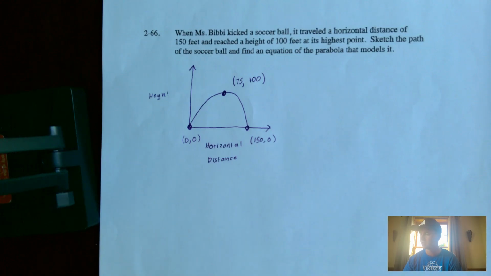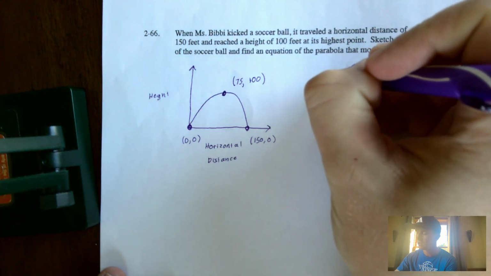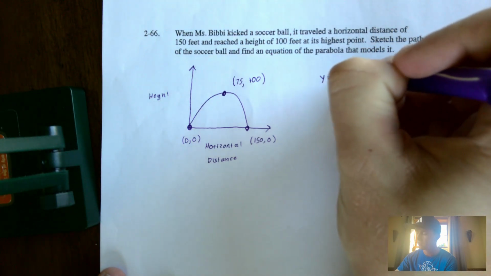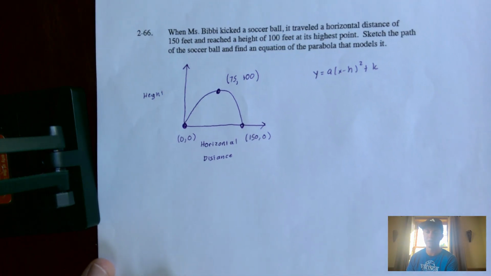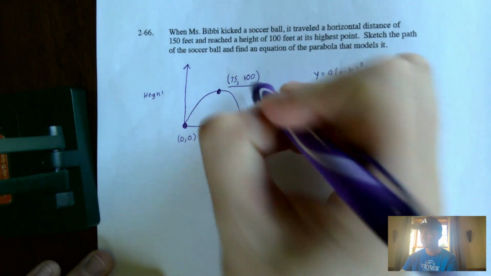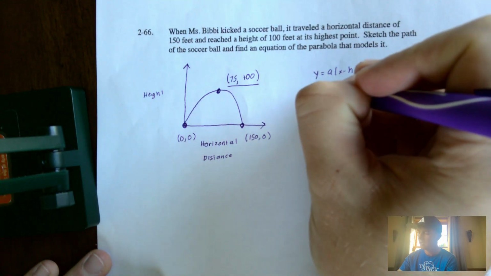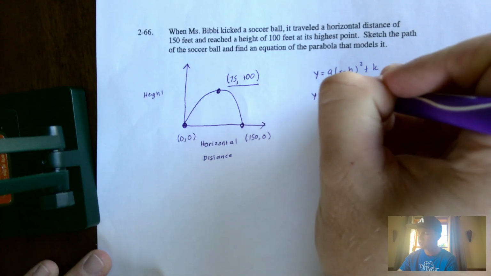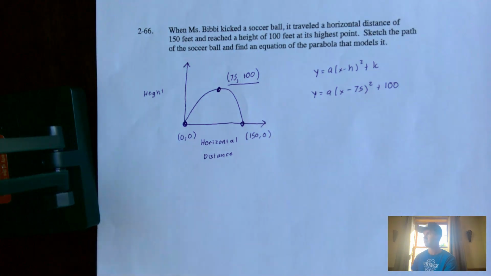So with that, we're going to go ahead and plug in our values for what we know for the vertex form for a quadratic. All right, so we got y is equal to a times x minus h quantity squared plus k. I'm going to plug in my vertex there, which I know is 75, 100. So y is equal to a times x minus 75, so it changes that value, quantity squared, plus 100.